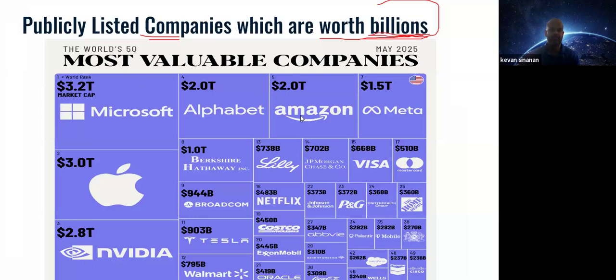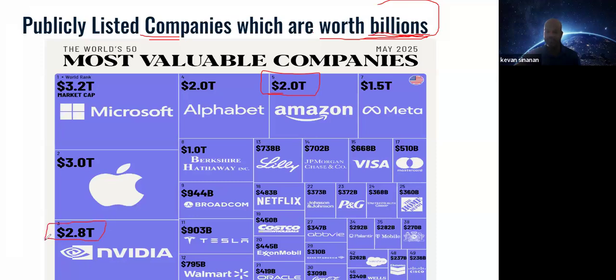Okay, so think about it before you buy that Coca-Cola. You might want to buy shares in Coca-Cola before you use that Visa card or debit card. You might want to buy some shares in these, because look, it's worth billions. Look, this company, Amazon, that we all buy products from, $2 trillion. Yes, NVIDIA is $2.8 trillion.